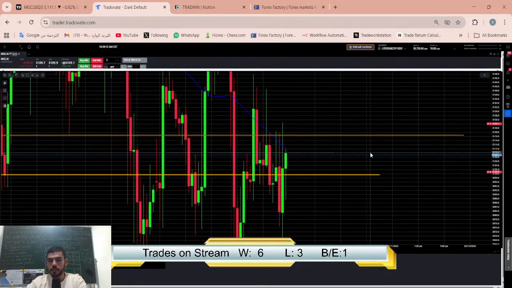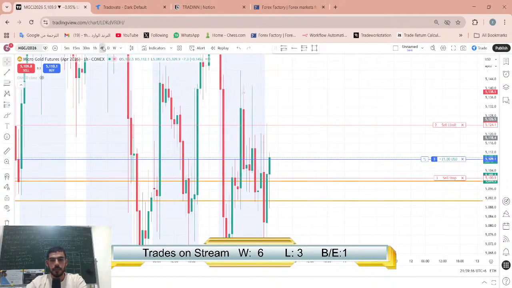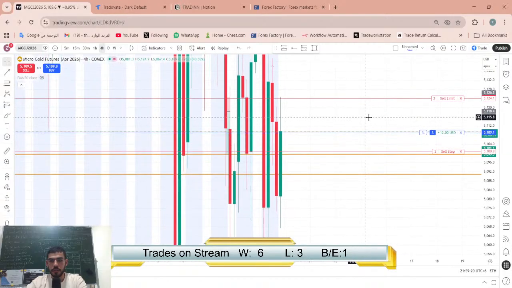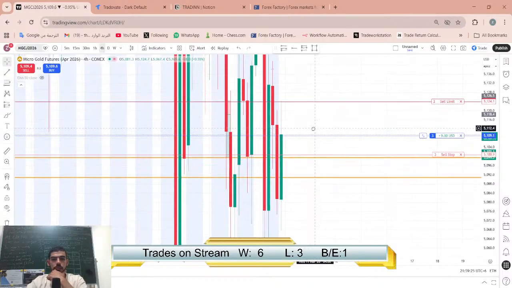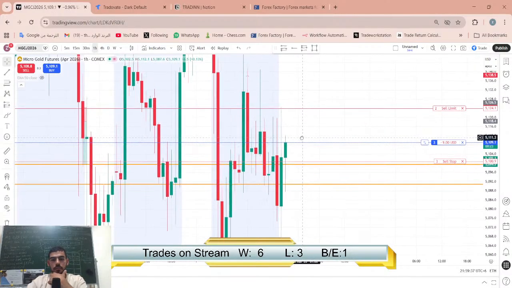Oh man, the volume is absolutely dead. That's very dead volume right there. And if this candle doesn't close above, it doesn't look like it's going to continue. 20 seconds left for this candle to close.